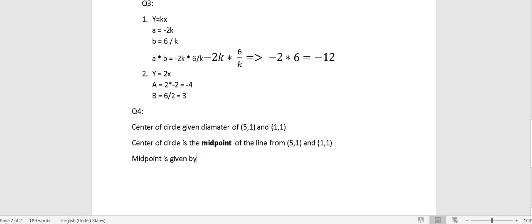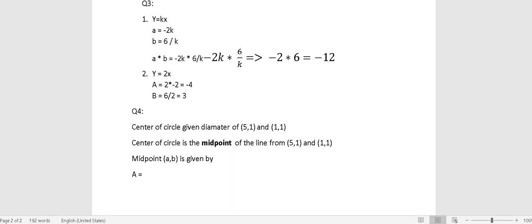Hang on. Midpoint AB is given by A equals x1 plus x2, everything. I should write this down for you guys. x1 plus x2.